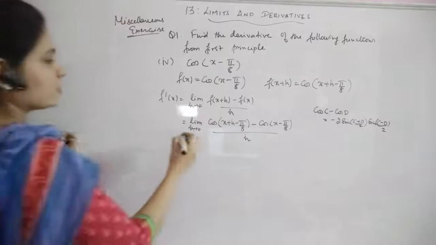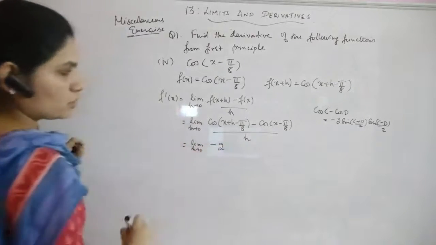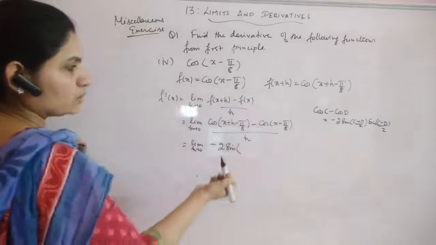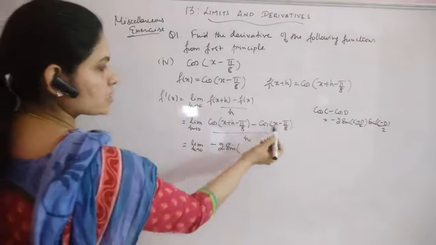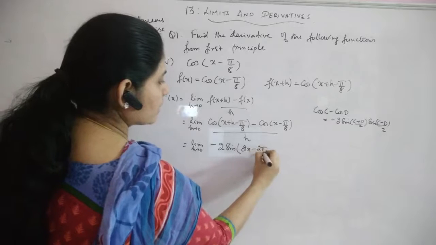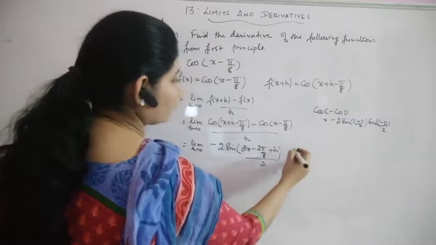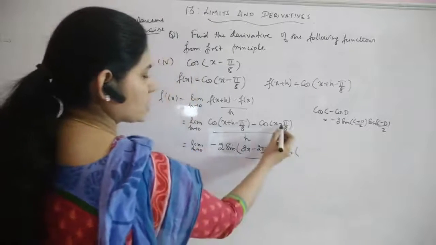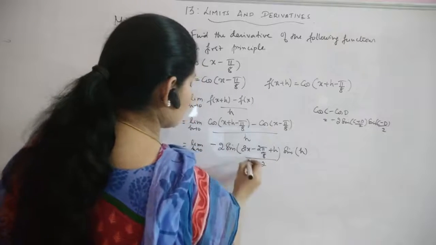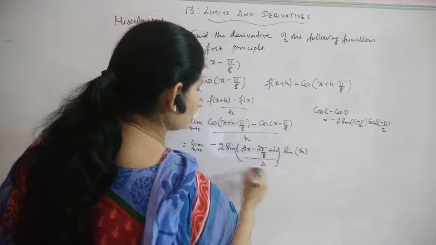So here you will get limit h tends to 0 minus 2 sine of this plus this by 2, which will give you 2x minus 2 pi by 8 plus h by 2, into sine of the subtraction of these two. So you will get only h here, whole divided by h. So this is inside the angle, h is in the denominator.